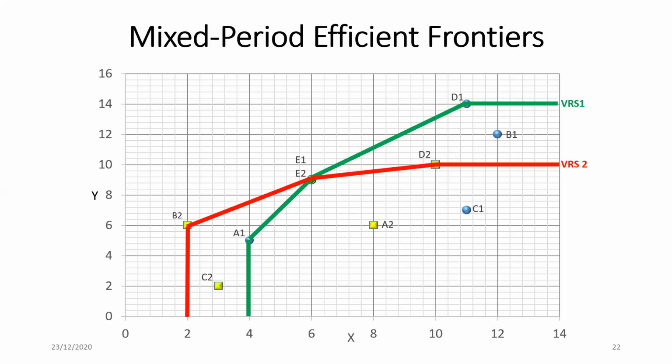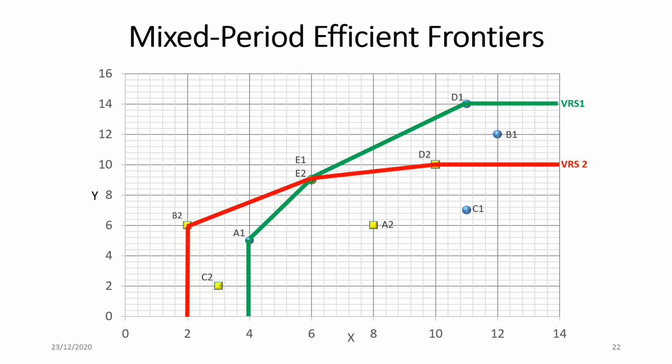This is the problem we get if we are using the standard Malmquist Productivity Index. The cross-period efficiency scores, the mixed period efficiency score, the intertemporal efficiency scores for B2 can never be estimated using the standard technical Malmquist approach, because there is no frontier for year 1 that B2 can be measured relative to. Do you guys see that now?